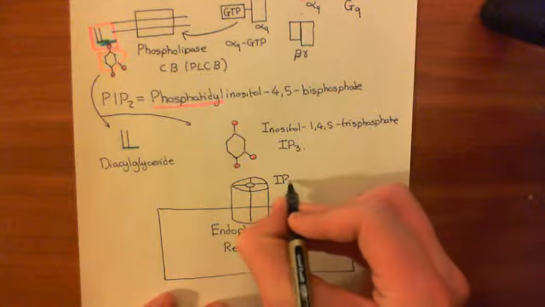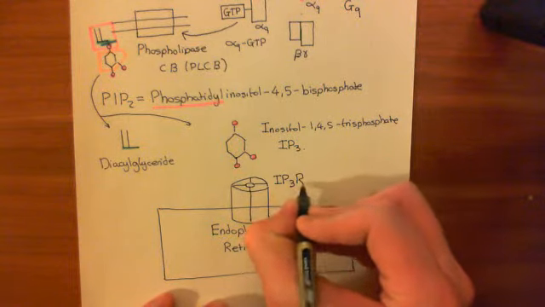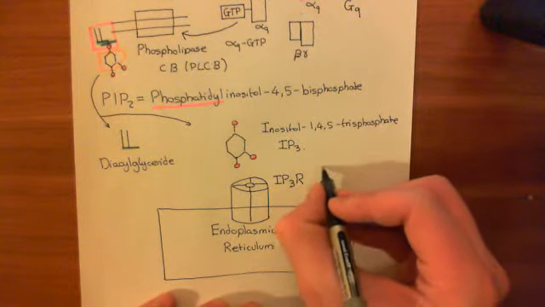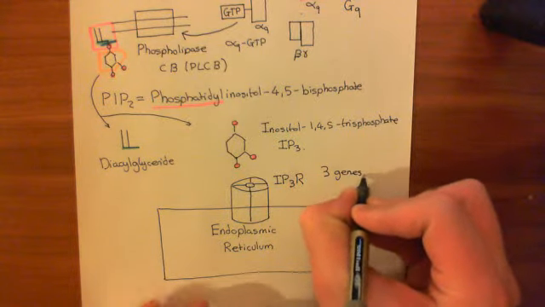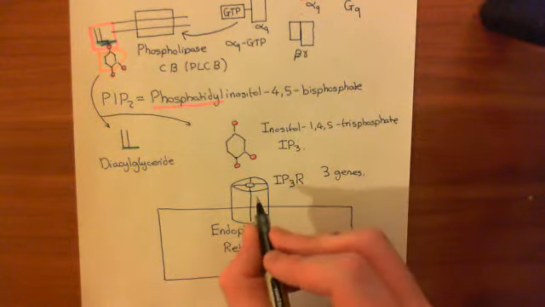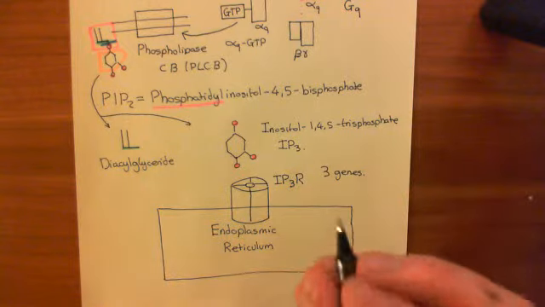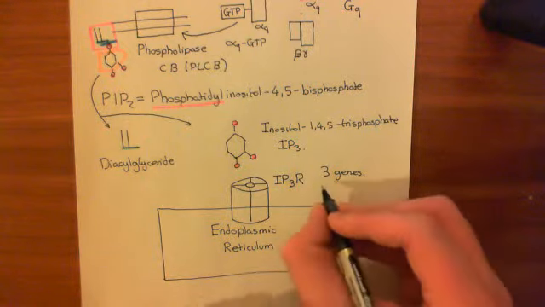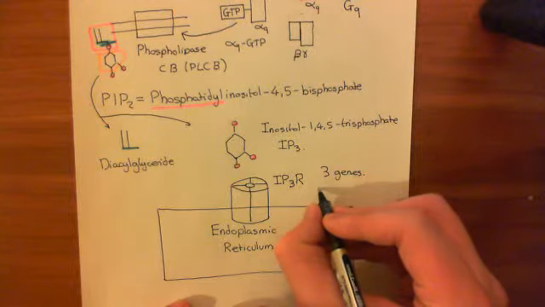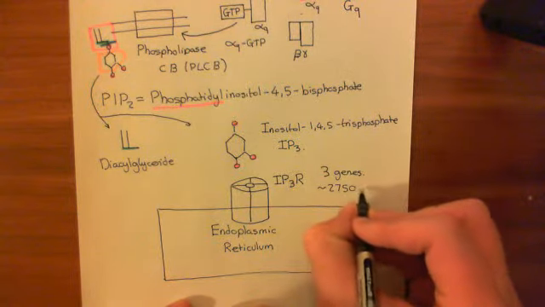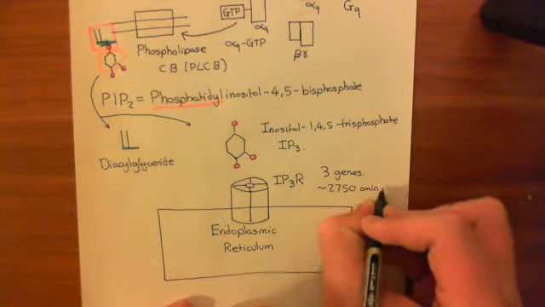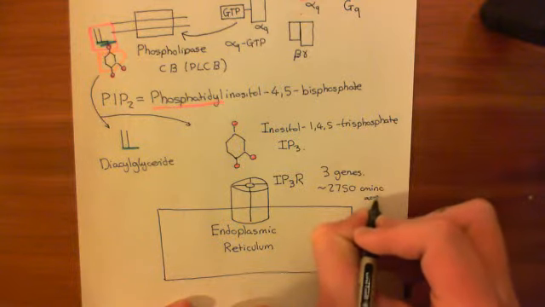And there are 3 different genes, all coding for proteins which can make up a quarter of this IP3 receptor. And these are massive great proteins that they code for. These proteins have a size of around 2,750 amino acids, basically. So they are enormous, great big proteins.